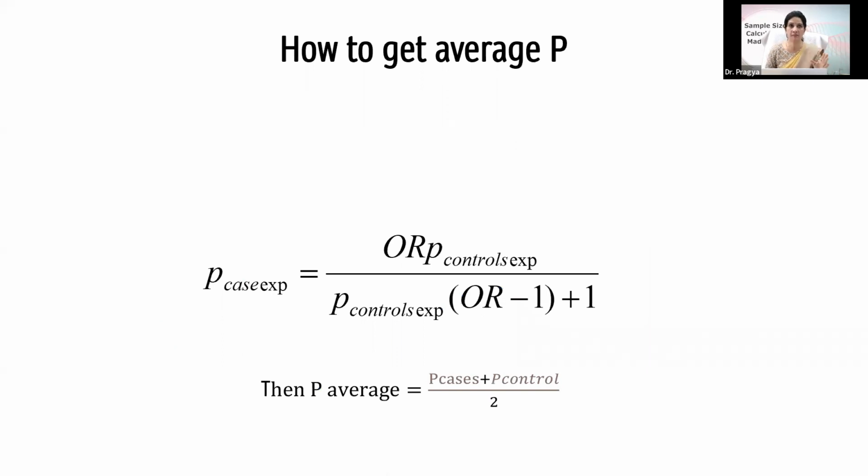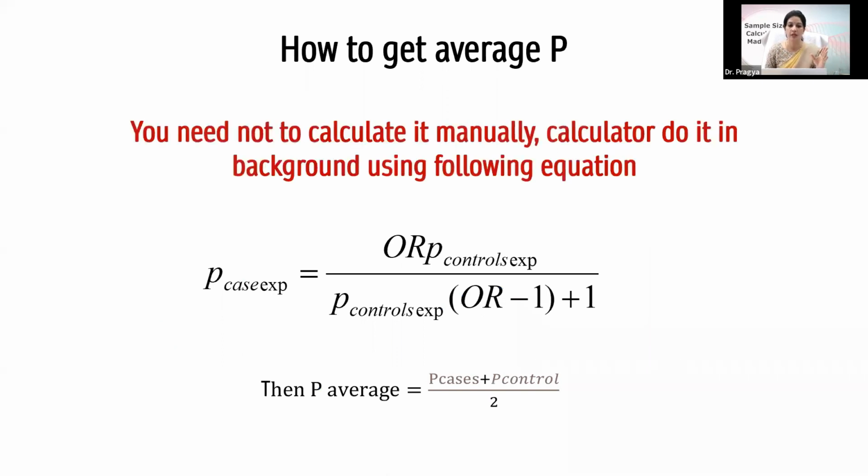This is again the same. So how to get the average P? P, I am talking of the proportion of exposure in the cases and in the control. What is the exposure proportion in the cases and in the control?